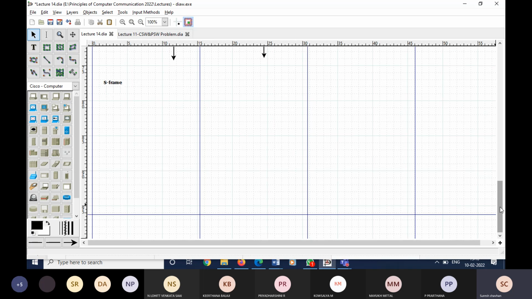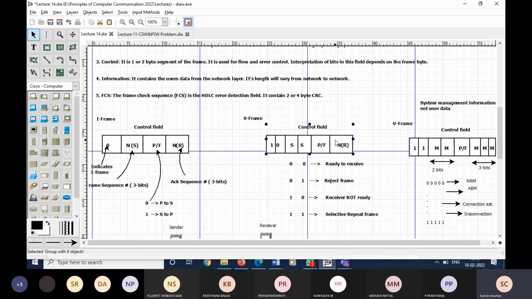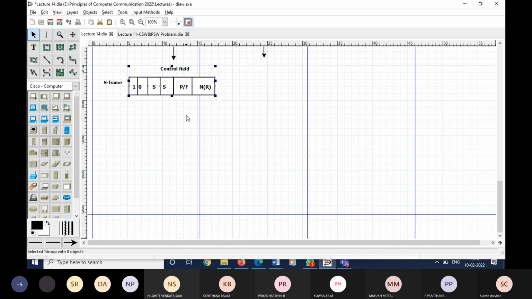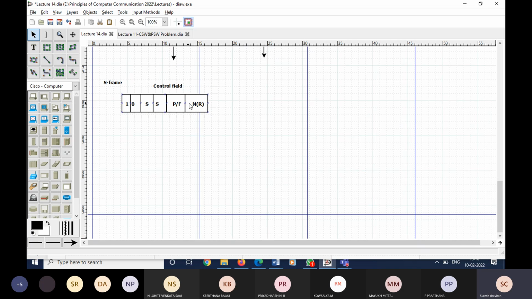As I said, in the S frame we'll take this field. What I will do is remove the S and put 0, sorry, 0, 0, right.